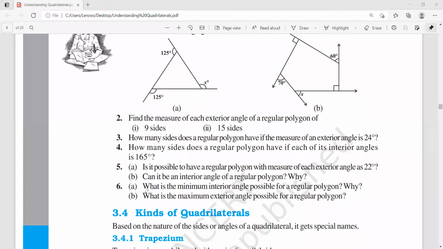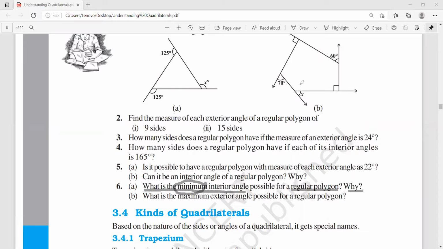Question number 6. What is the minimum interior angle possible for a regular polygon, and why?